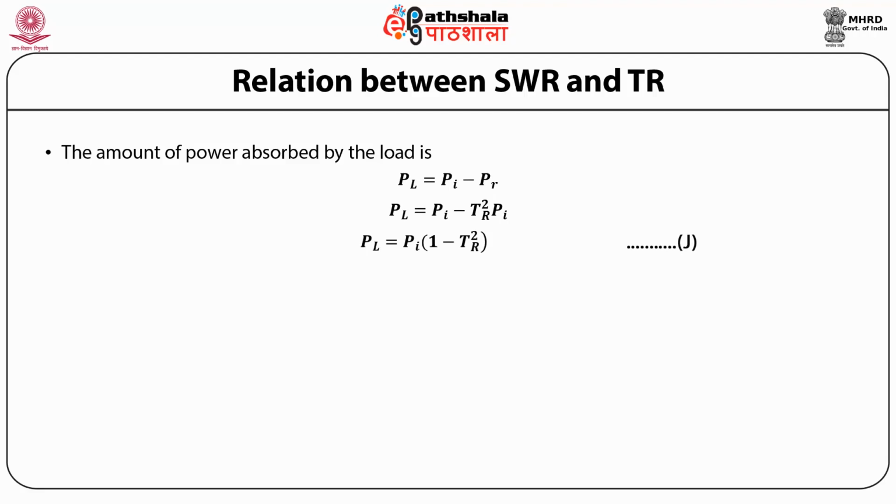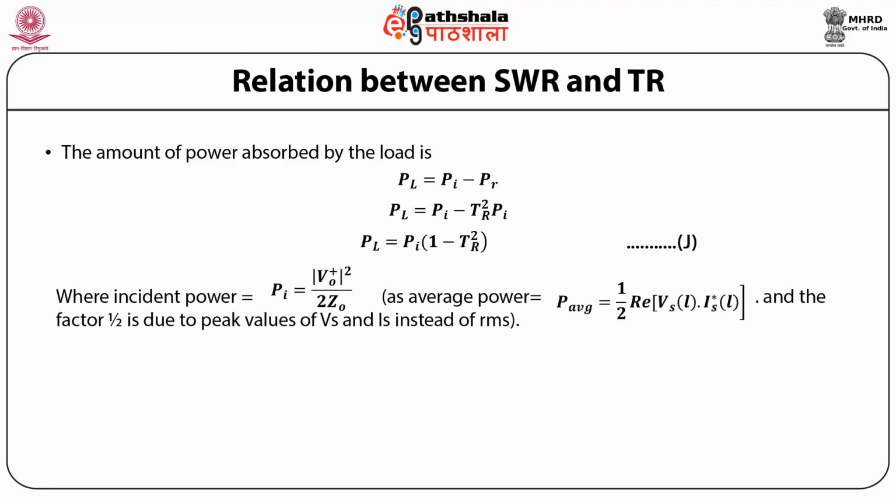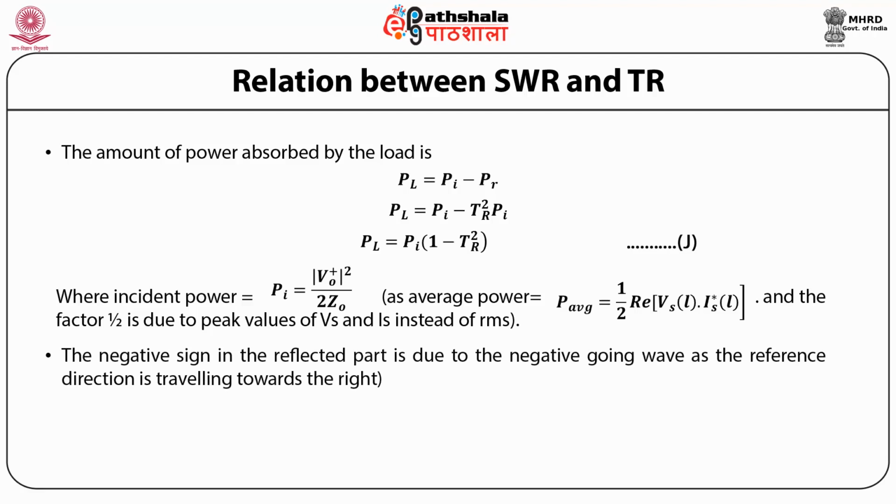So PL equal to PI multiplied by 1 minus gamma R square, where incident power PI is the modulus of V naught plus, the whole square, divided by 2 Z naught. The negative sign in the average power, that is P average, is 1 by 2 real of VS L multiplied by IS star L, and the negative sign in the reflected part is due to the negative going wave, as the reference direction is traveling towards the right.